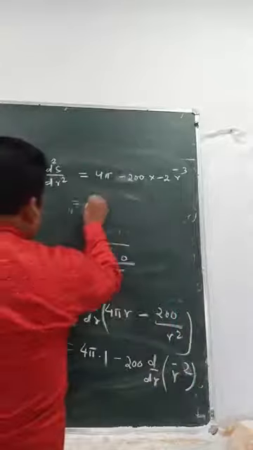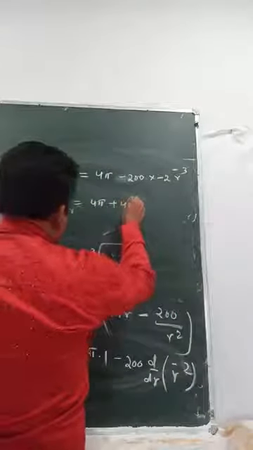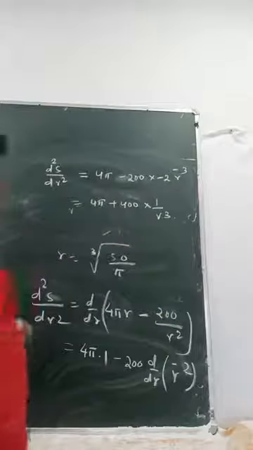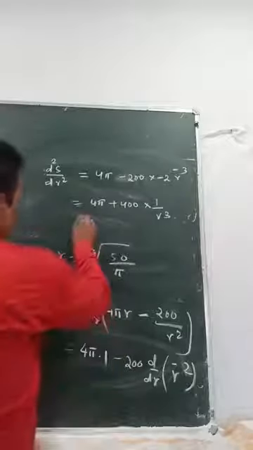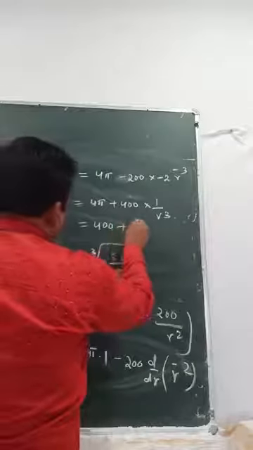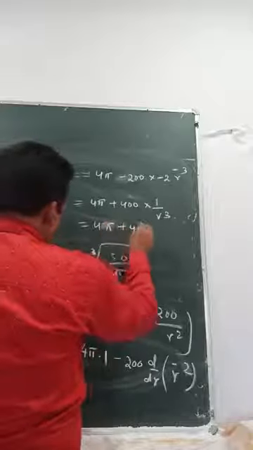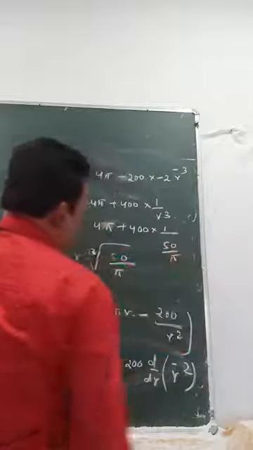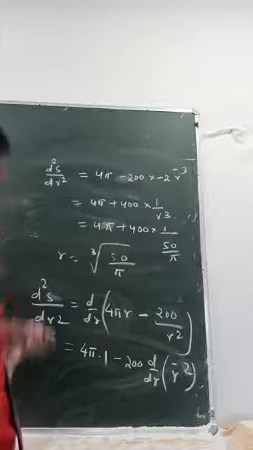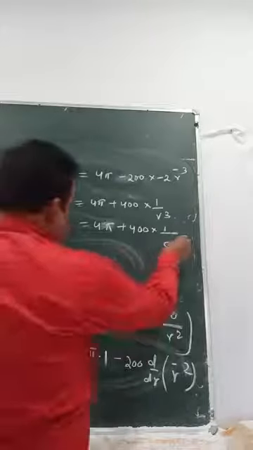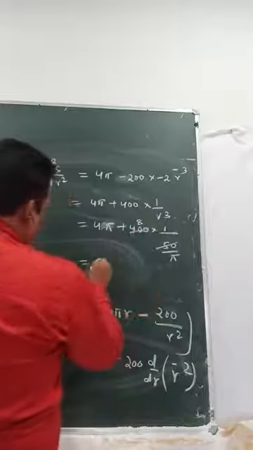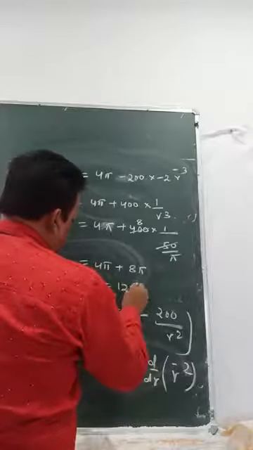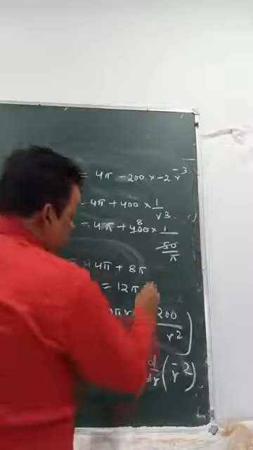So that gives you 4 pi plus 400 into 1 by r cube. Remember what is the value of r cube? That is 50 by pi. So you can simplify it. This is 8 pi. So 4 pi plus 8 pi is 12 pi. 12 pi is a constant number greater than 0.